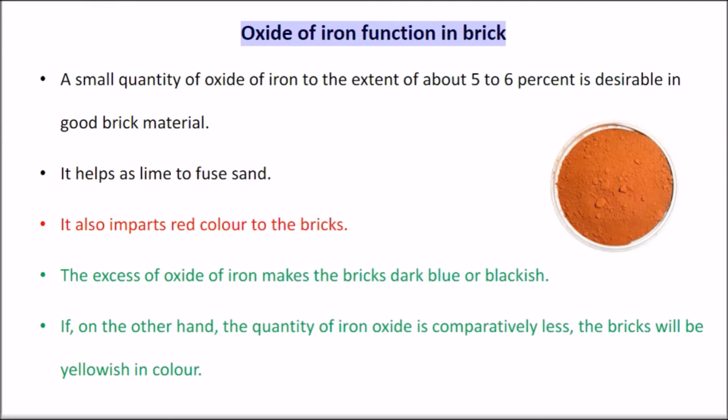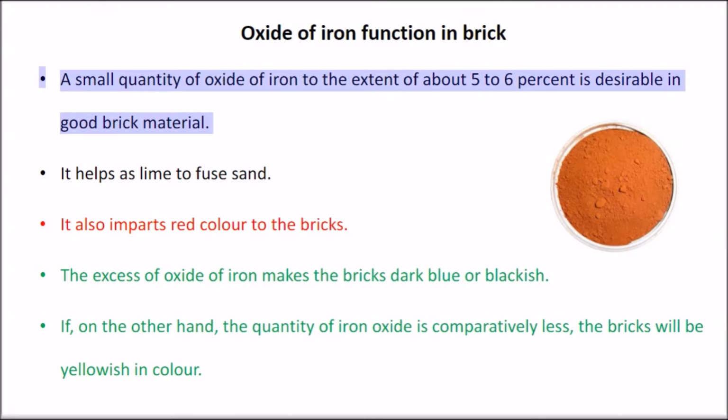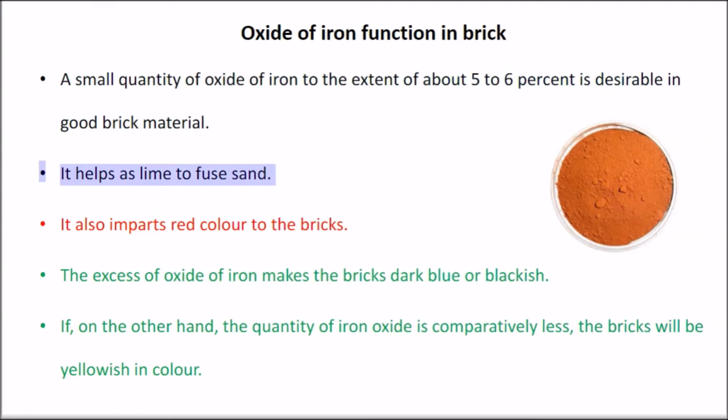Oxide of iron function in brick. A small quantity of oxide of iron, to the extent of about 5 to 6%, is desirable in good brick material. It helps lime to fuse sand. It also imparts red color to the bricks.